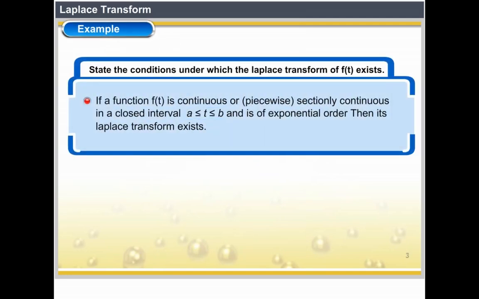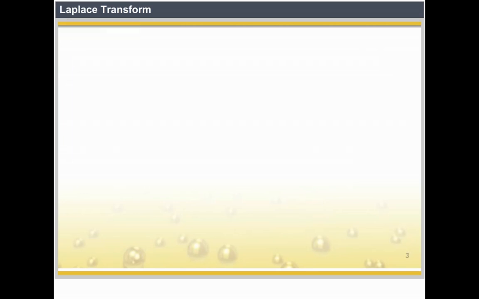Example. State the conditions under which the Laplace transform of f(t) exists. If a function f(t) is continuous or piecewise (sectionally) continuous in a closed interval a ≤ t ≤ b and is of exponential order, then the Laplace transform exists.